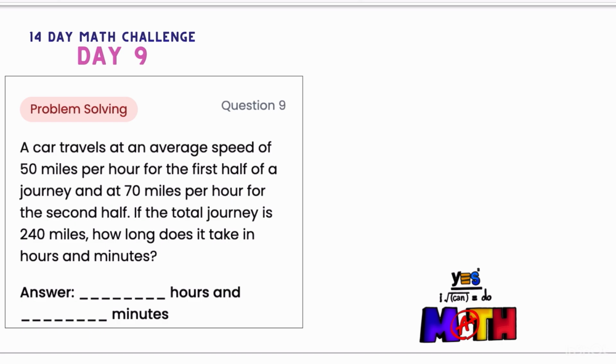If a car is traveling at an average speed of 50 miles per hour for the first half of a journey, and we know the total journey is 240 miles, that means that the first half, the car has traveled 120 miles. Distance is equal to rate times time.